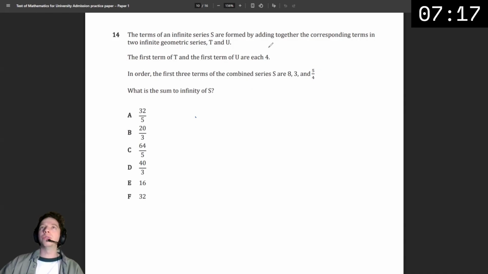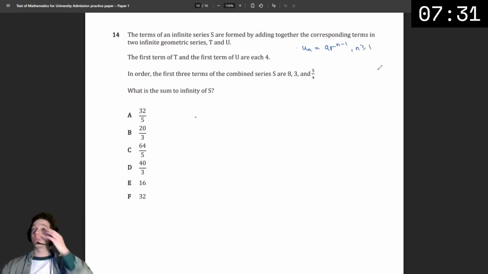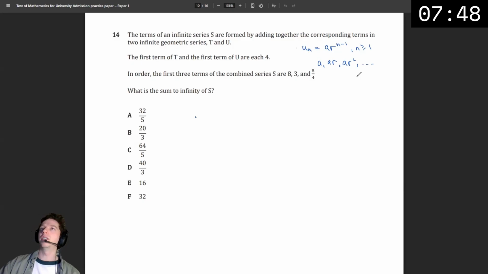We already know the first terms, right? So remember, a geometric series, u_n, would look like a first term a times r to the n minus 1, where n is greater or equal to 1, where r is the common ratio. So it's like a times r squared, etc. That's what a geometric series is: starting with something and then multiplying by the same number r each term.